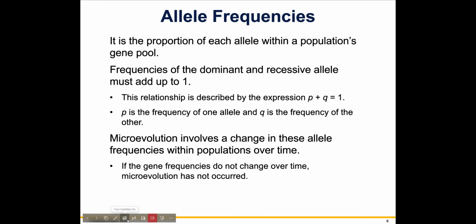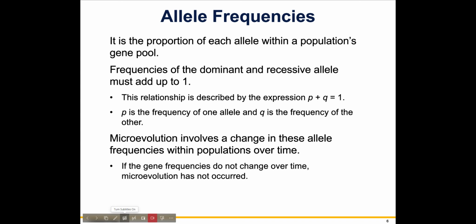So let's start with allele frequency. Frequency is just another way that we can describe percentage or amount of. And so it is the proportion of each allele: how many dominant alleles, how many recessive alleles. And we need that number to equal the entire population.